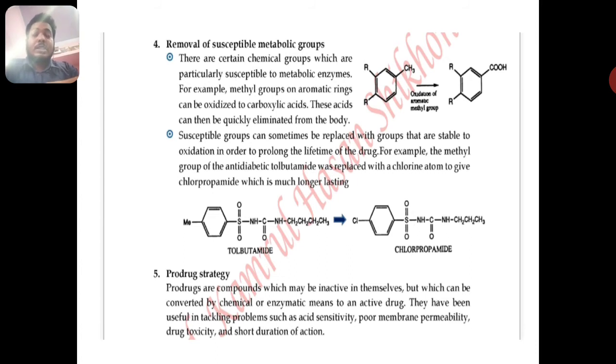Then it can prolong the activity of diazepam. Then aspirin. Aspirin is a prodrug, and the active form is salicylic acid. After chemical and enzymatic conversion, aspirin is converted to salicylic acid.